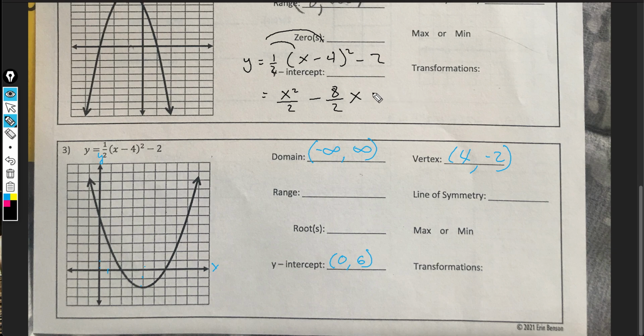Right? So far, so good. Why? Because 4 squared is 16, right? And then we're going to divide that by 2. So we're going to have 8 over 2 just to make everything more simple. Plus, boom. That's the 16. That's the 8. Nothing crazy. Minus 2 at the end.